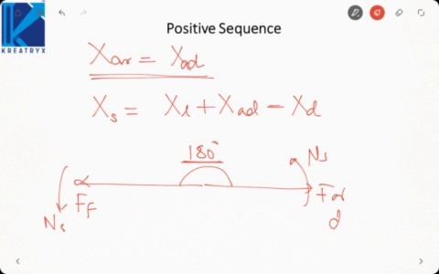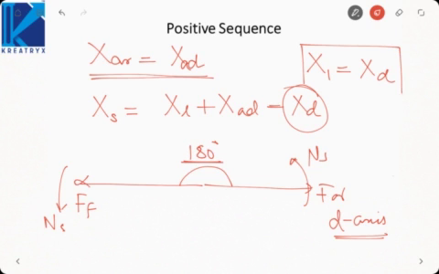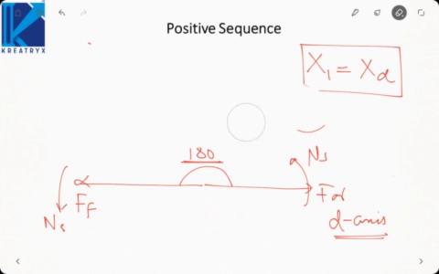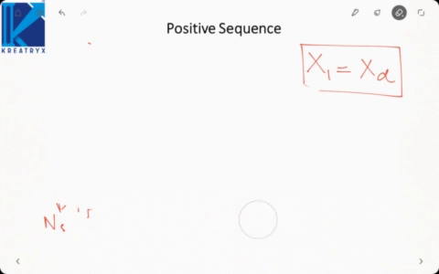So it will always lie along the D axis. Hence it will always be offered a reactance of XD. Thus positive sequence reactance is equal to direct axis reactance for the case of a synchronous machine. But this further is divided into three categories, which I will explain later on.